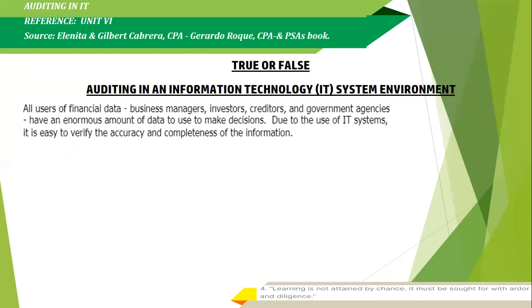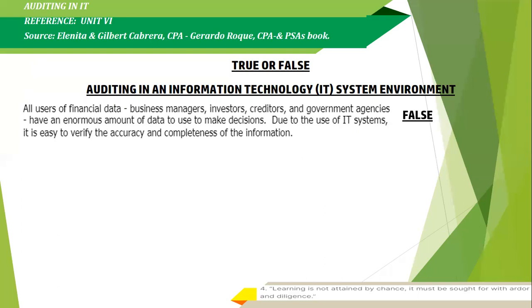Due to the use of IT system, class, it is now easy to verify the accuracy and completeness of the information. So what's your answer? Right? So answer is false.